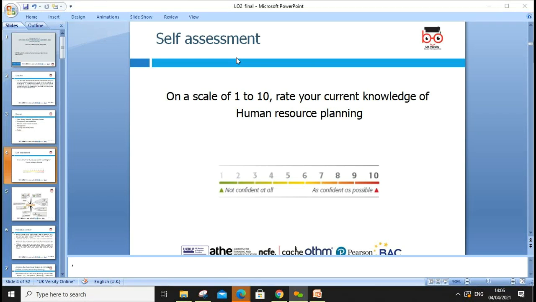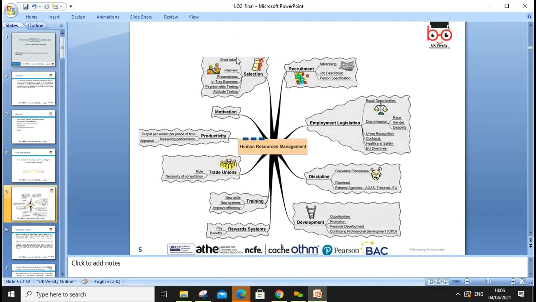Okay, so you can rate yourself. It's always good when we start any activity to rate yourself, your current knowledge about human resource planning. Thanks for reflecting on your current knowledge about human resource planning and what HRM, human resource management, is. These are all crucial elements in human resources.